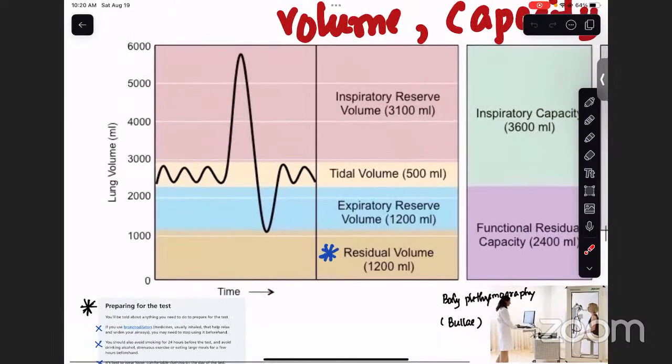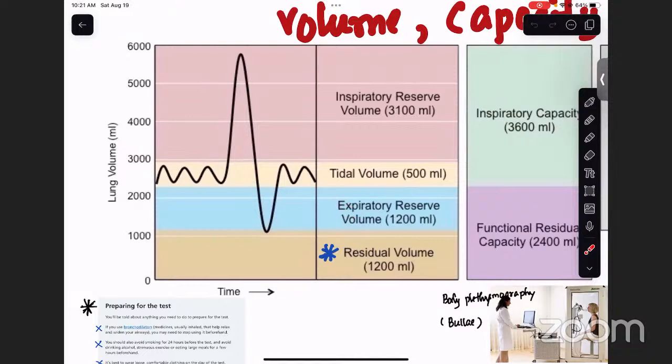Okay, let's start with tidal volume. During normal respiration, there is no effort in our breathing, so it is called tidal volume. If we breathe in with effort, that is the inspiratory reserve volume. If we breathe out with effort, that is the expiratory reserve volume.